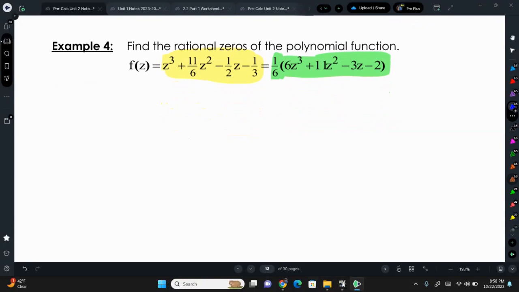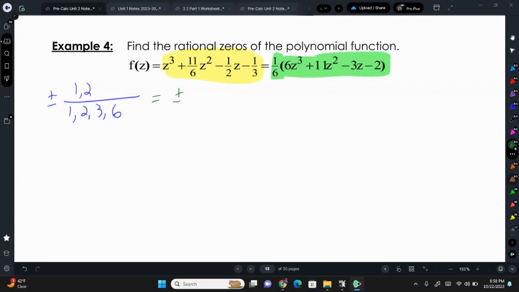So we can't factor that, so let's do our possible zeros. So plus or minus factors of 2, which are 1 and 2, over the factors of 6. Ooh, I have a feeling that at least one of our zeros is going to be a fraction.